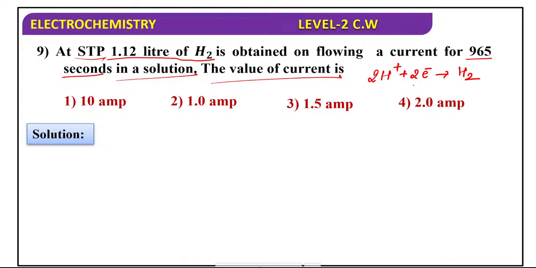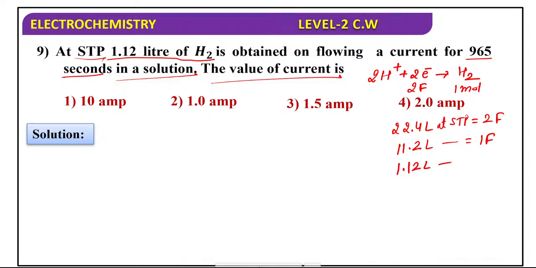Okay. So 2 Faraday of electricity, if it is passed, we get 1 mole of hydrogen gas at STP. And 1 mole of hydrogen gas means 22.4 liter at STP. So that needs 2 Faraday of electricity. So 11.2 liter will require 1 Faraday. So 1.12 liter will require 0.1 Faraday of electricity.